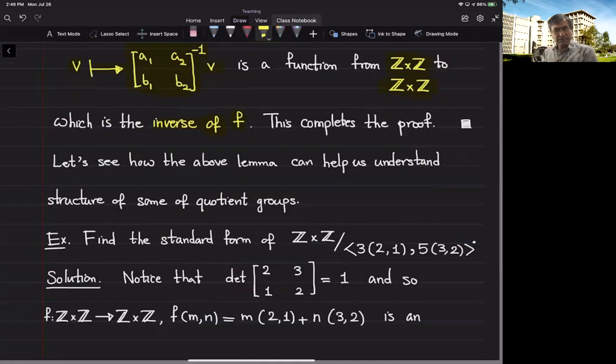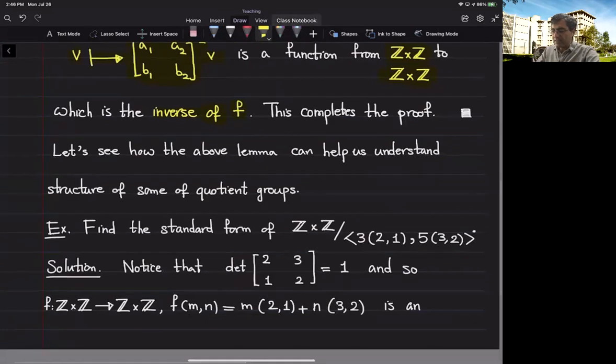Now let's see how this lemma can help us understand a standard form of some quotient groups, some factor groups. Let's say I want to find the standard form of the factor group Z cross Z over the subgroup that's generated by 3 times (2,1) and 5 times (3,2).